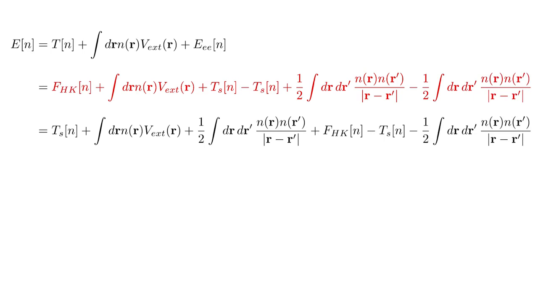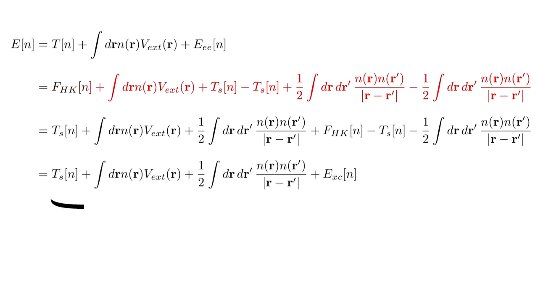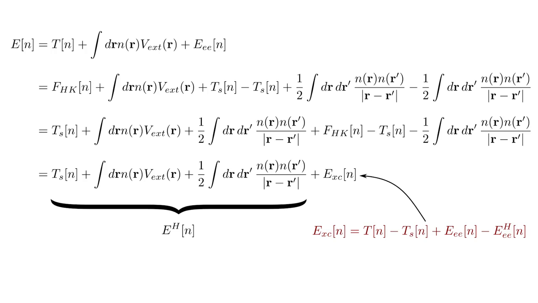So with this reordering, that hasn't changed at all the value of the total energy, because we just added and subtracted the same quantity, we can read the total energy as the sum of the total energy given within the Hartree approximation plus the rest.